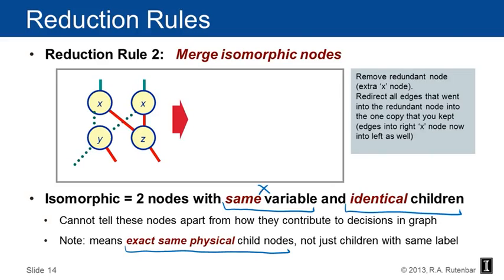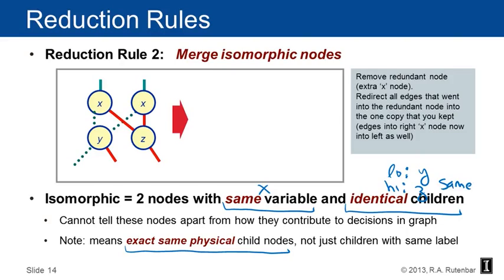And the x nodes also have identical children. And by that I mean their low pointers, which point to their 0 children, both go to a y node. And their high pointers, which go when the value is set to a 1, both go to the z node. And they don't go to any old, random y node or z node. They both go to the same y node and the same z node, the exact same nodes.